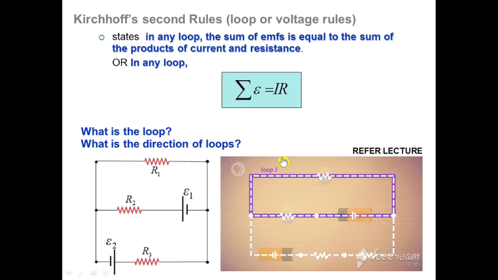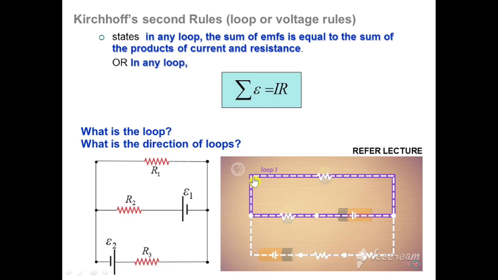For example, in the previous video, we know that in this circuit, we can have three different loops. To apply this second rule, we need to choose loop by loop.